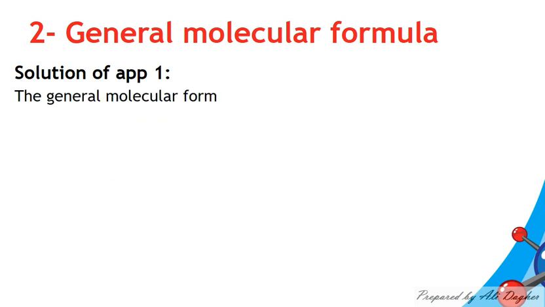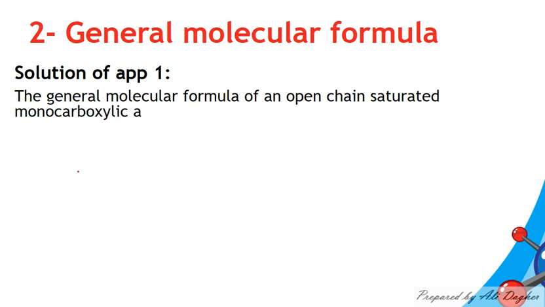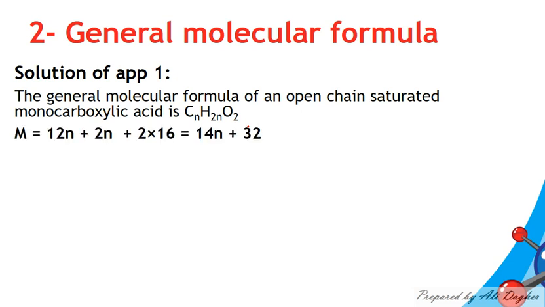First, we write the general molecular formula of an open chain saturated monocarboxylic acid, CnH2nO2. Then we calculate the molar mass in terms of n, equal to 14n plus 32. We are given the percentage by mass of carbon, then the relation becomes percentage by mass of carbon over 12n equals 100 over molar mass.